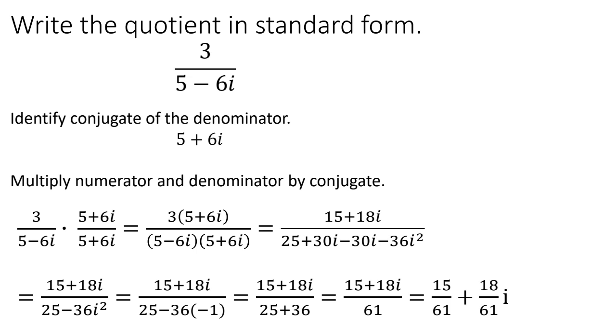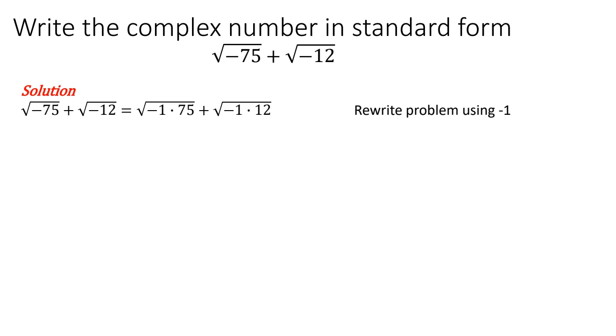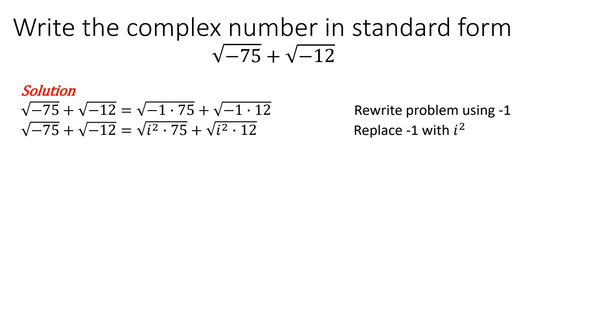All right, so let's practice just putting things in standard form, okay? Let's say that I want to add these two numbers, the square root of negative 75 plus the square root of negative 12, okay? Again, what I will do first is show that I have an imaginary number for these two numbers, yes? So here, again, I separated the negative 75 into negative 1 times 75 and the negative 12 into negative 1 times 12.